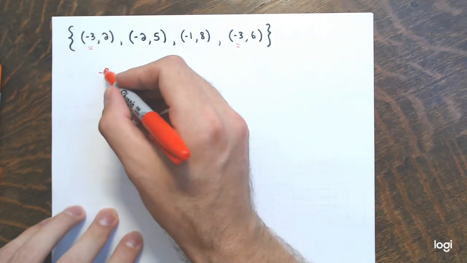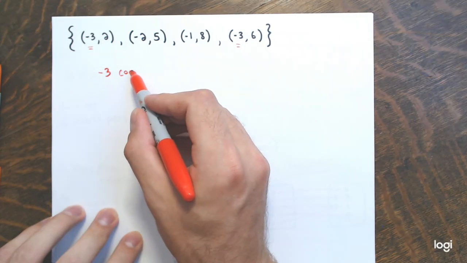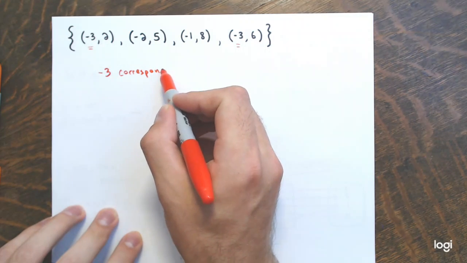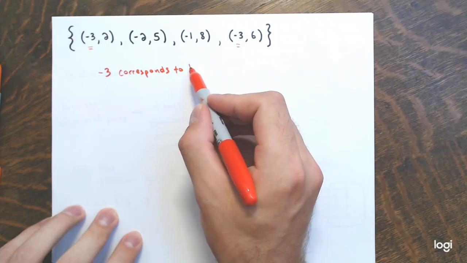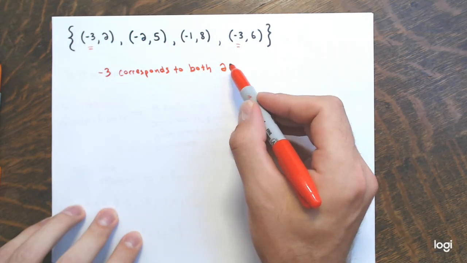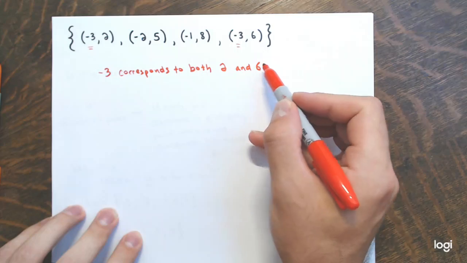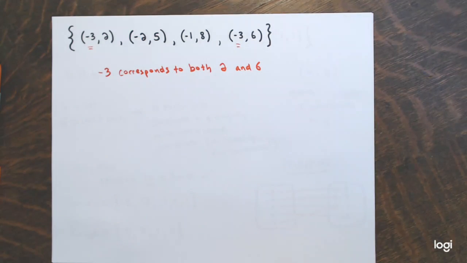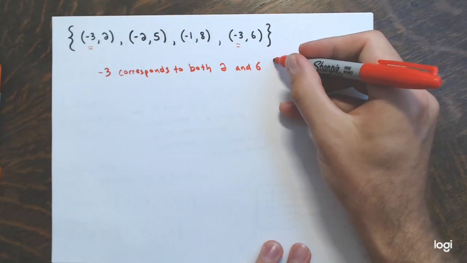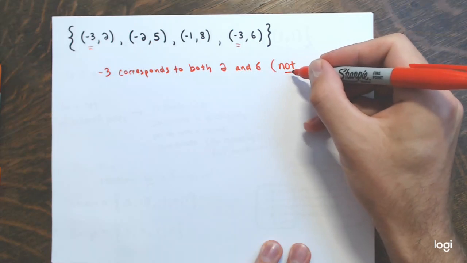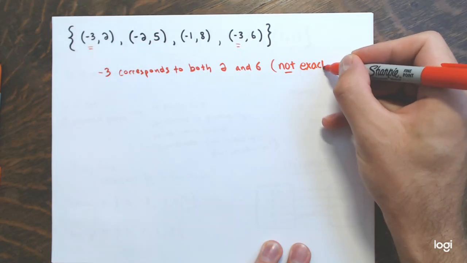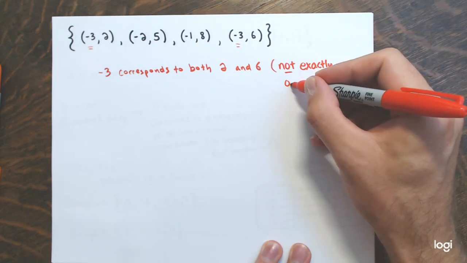So I see that -3 corresponds to both 2 and 6 in the range. That's not exactly 1 value in the range.